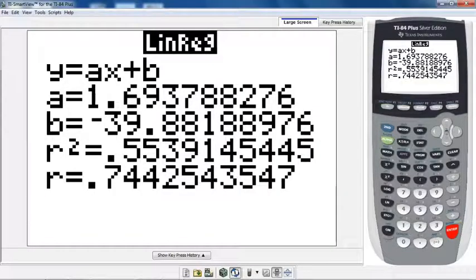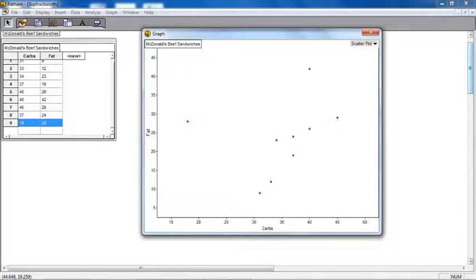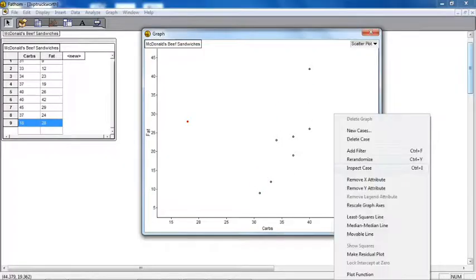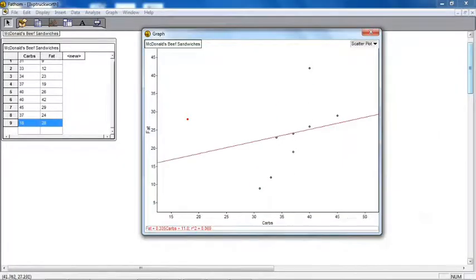Let me show you what this looks like graphically. Okay, so here's a scatter plot of the McDonald's beef sandwiches. This red one over here, that's the one that's at 18. So right now, this has got the R value equal to whatever it was before, 0.26. And I'll even put the least squares regression line on here. So right now it looks like that.